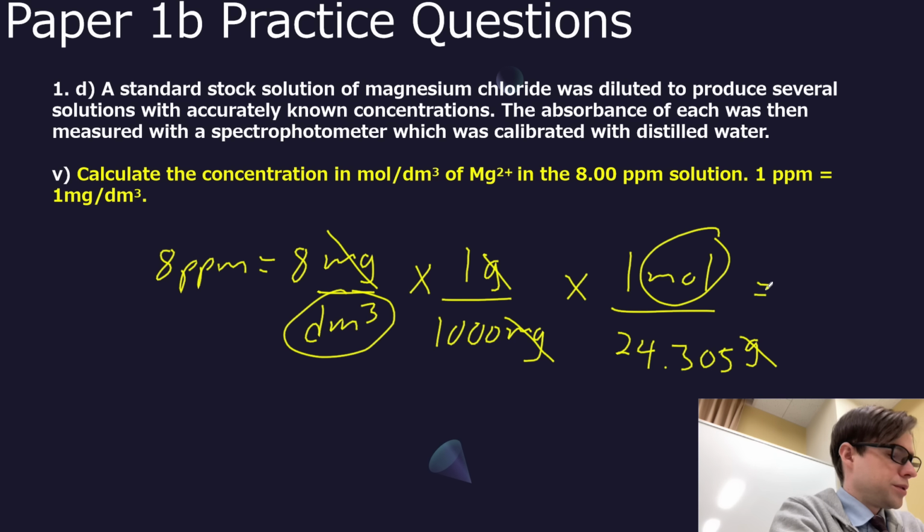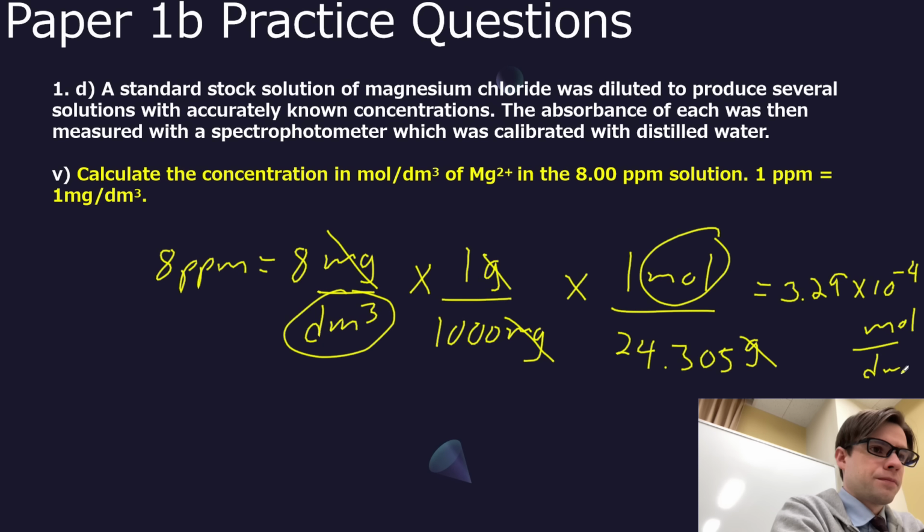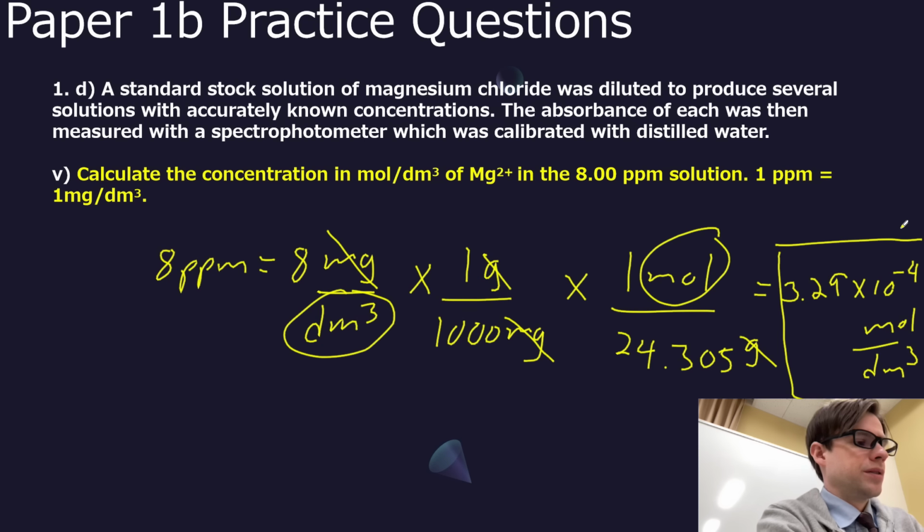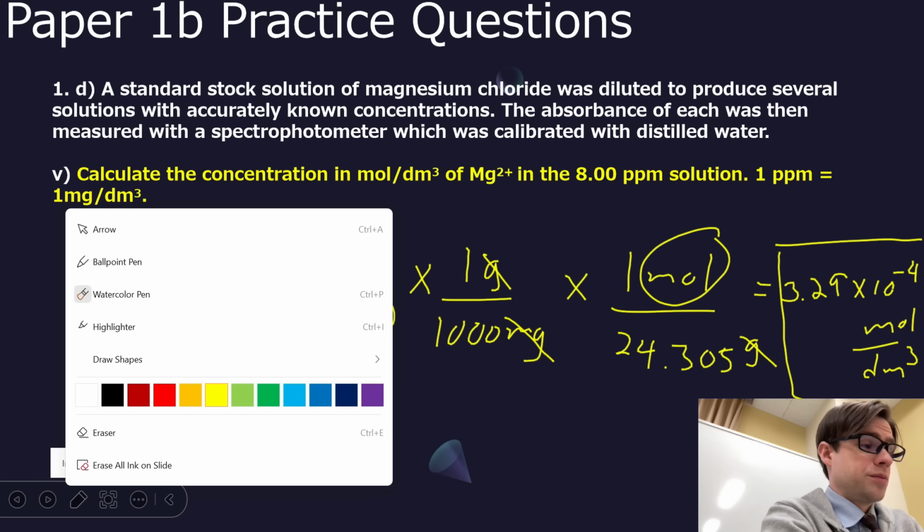So this comes out to 3.29 times 10 to the minus 4 mole per decimeter cubed units. Done there. Okay, even if you've never done this before, you'll often have to transform between units you might not have seen before. You should be ready for that, doing this dimensional analysis using conversion factors.